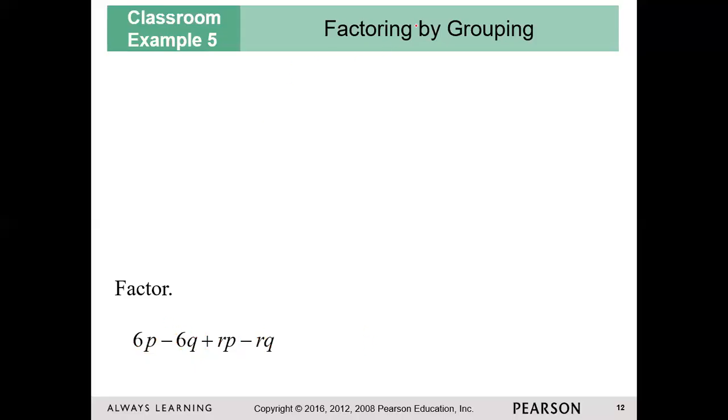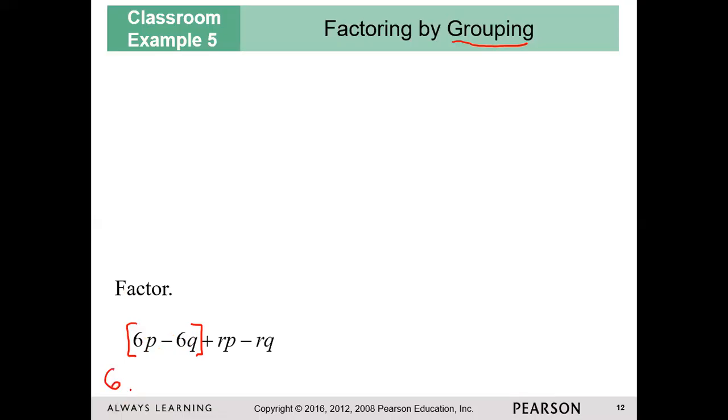So that's when we're going to switch to this other style of factoring, which is called factoring by grouping. It sounds exactly like what it sounds like. We are going to group the first 2 terms, just the first 2, to see what they have in common. You can see that the first two terms have a 6 in common.